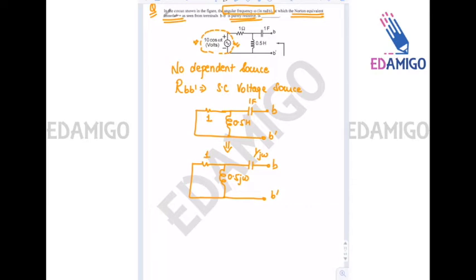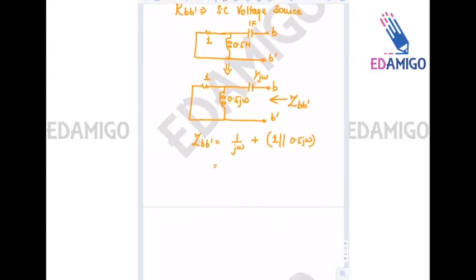So the impedance between BB dash is 1 upon j omega plus 1 parallel with 0.5 j omega, that is 1 upon j omega plus 0.5 j omega upon 1 plus 0.5 j omega.